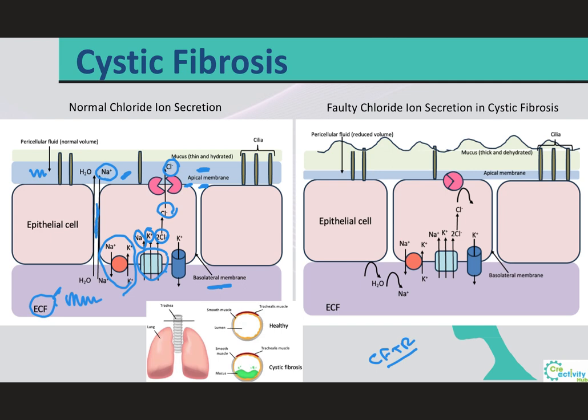Now water then will flow in the same direction due to the osmotic gradient that's created by the sodium and the chloride ions. Remember that water always follows sodium, so the water movement will establish the normal volume of the periciliary fluid. Now, in most forms of cystic fibrosis, the defective chloride ion channel is going to be degraded by the cell and consequently is not inserted into the plasma membrane, and this will cause the chloride secretion by the cell to decrease.